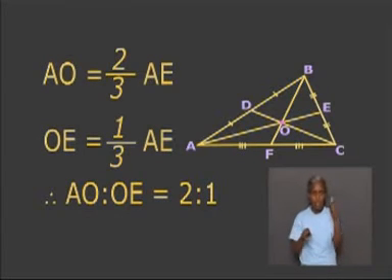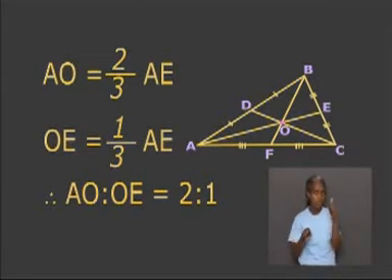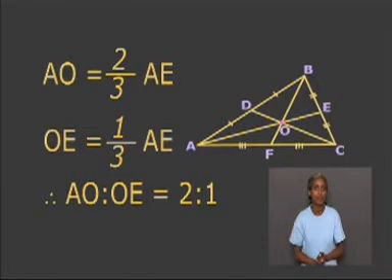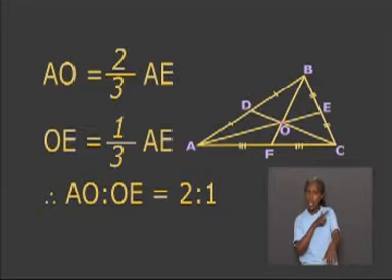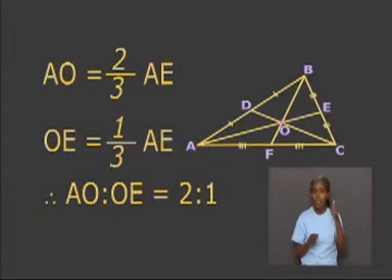Segment AE is 2/3 of the length of segment AO. AE is 1/3 the length of OE. Therefore, the ratio of AO to OE is 2:1.